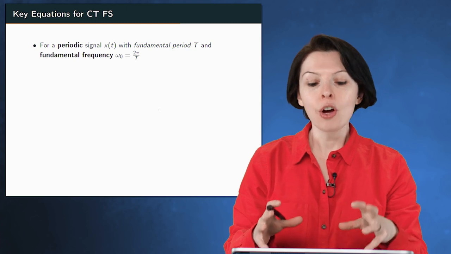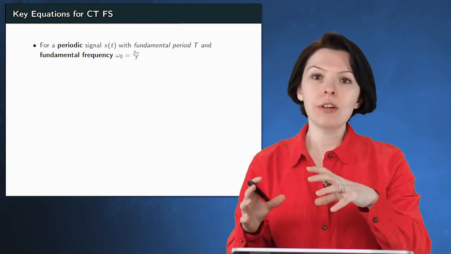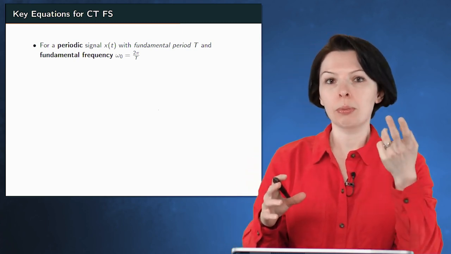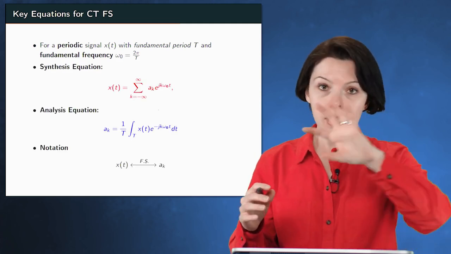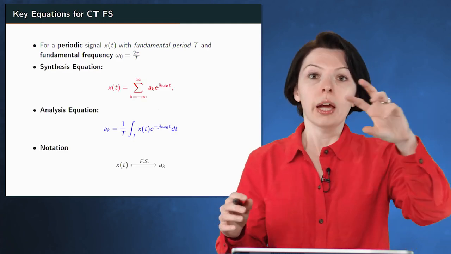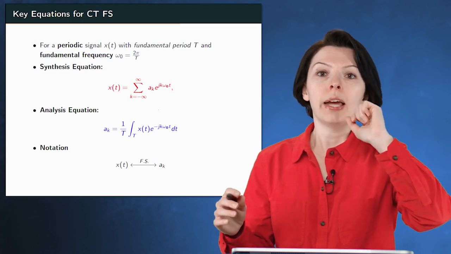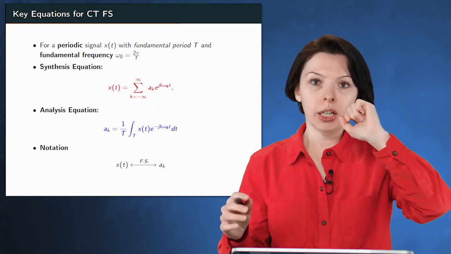In summary, for a periodic signal x of t with fundamental period T and fundamental frequency omega naught equal to 2 pi over T, the synthesis equation is x of t equal to the sum of a k e to the j k omega naught t.